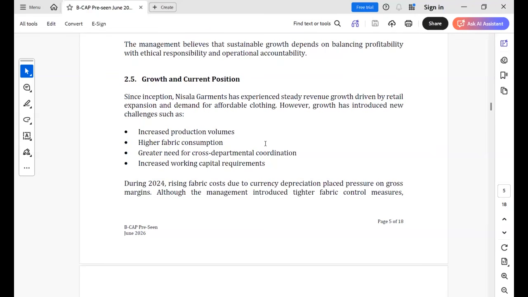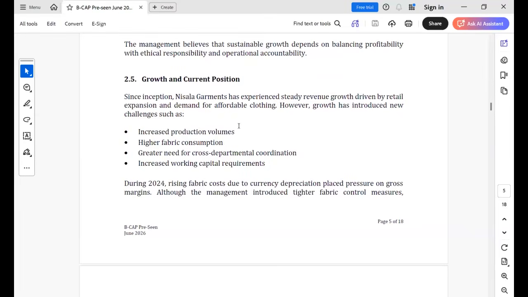Now they have a very steady growth, right? However, growth has introduced new challenges. As and when you are growing, obviously the subsequent challenges are also coming, right? So they have increased production volume, right?